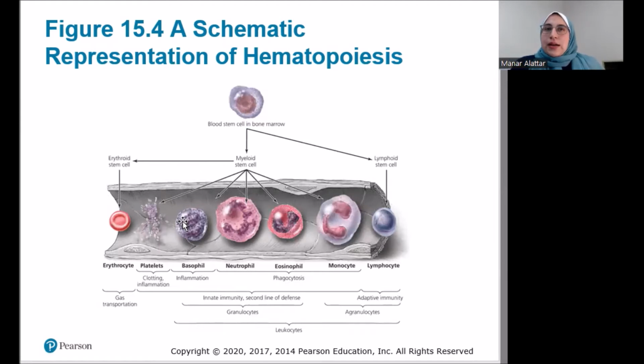Instead, basophil cells send out the chemical signals that say that there is a breach of the skin, for example, or a potential pathogen, and those chemicals actually bring about inflammation. We're going to talk about inflammation and the importance of inflammation to recruit white blood cells and also to isolate the area of whatever the pathogen is or the abrasion to the skin, okay?